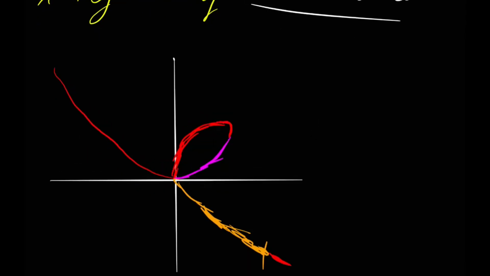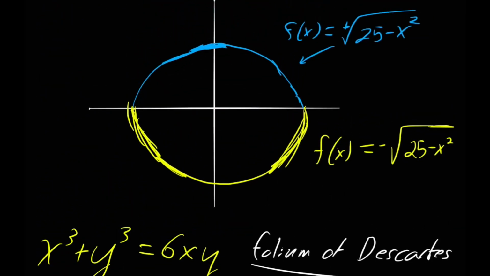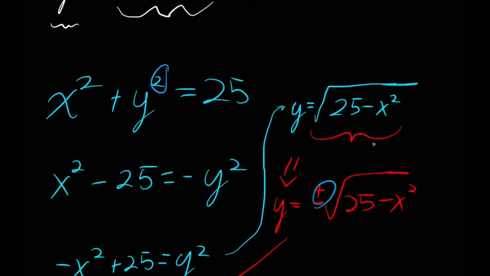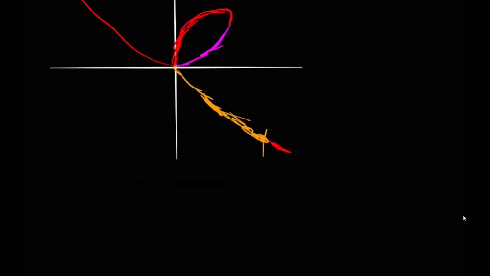But now that we've seen a couple of graphs for this, if we go up here and take our x squared plus y squared equals 25 function, we're going to go down here and actually solve it now. So we have x squared plus y squared equals 25.